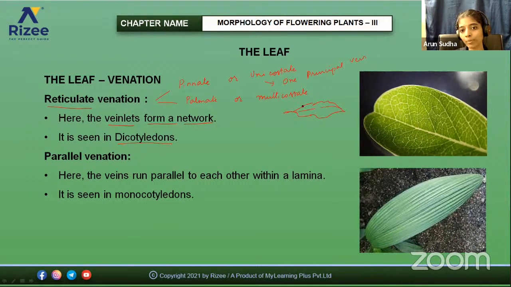In the case of unipinnate, there is only one main vein, but here there are many veins which originate from the petiole and go towards the apex. And even in the palmate, there are many types, like convergent and divergent.